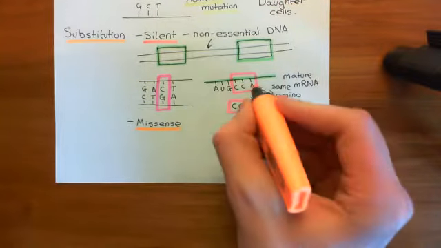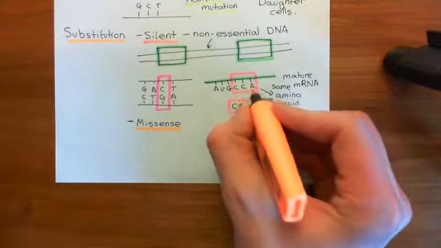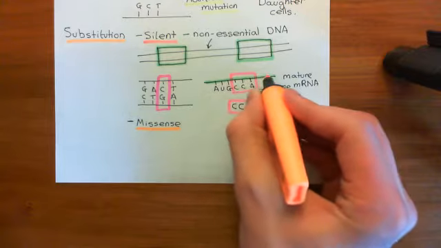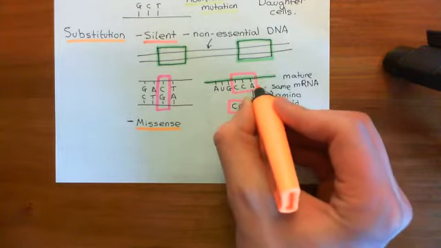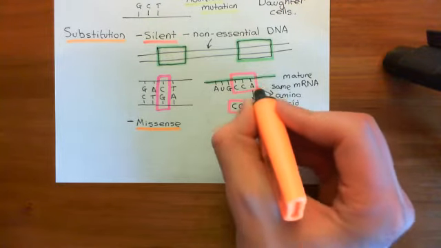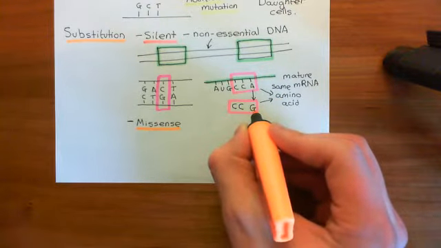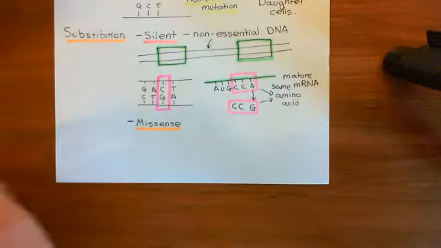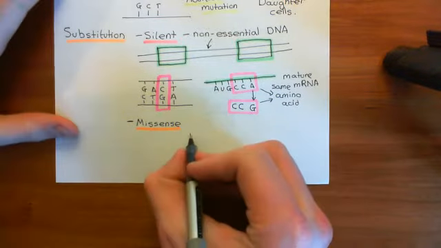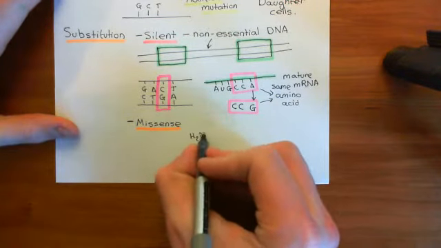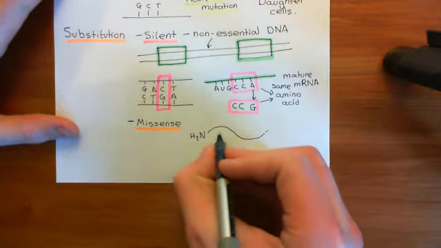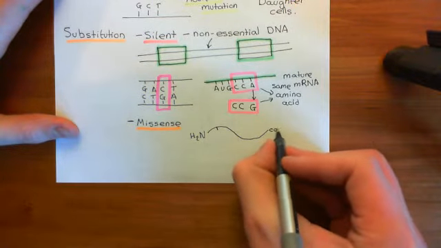So this is where you change one of the organic bases in one of the codons within the mRNA that's actually going to be translated, and the new codon that you produce does not code for the same amino acid. So that means in your final polypeptide, let's say our polypeptide is here, one of the amino acids is going to be changed.